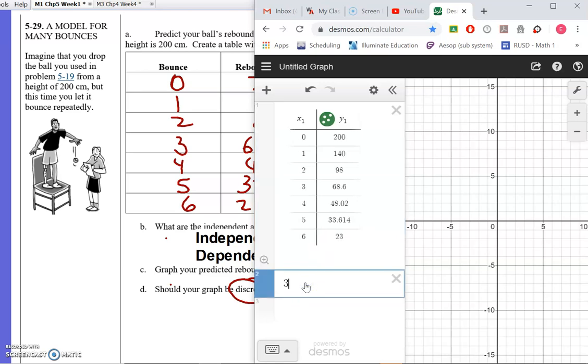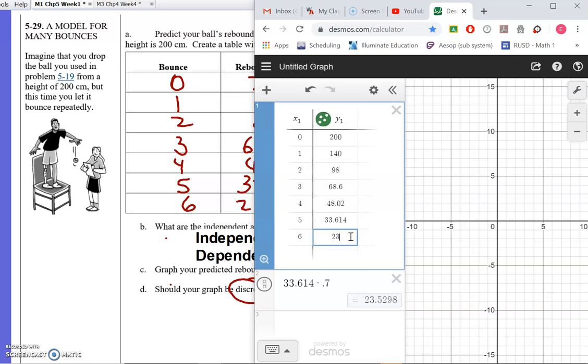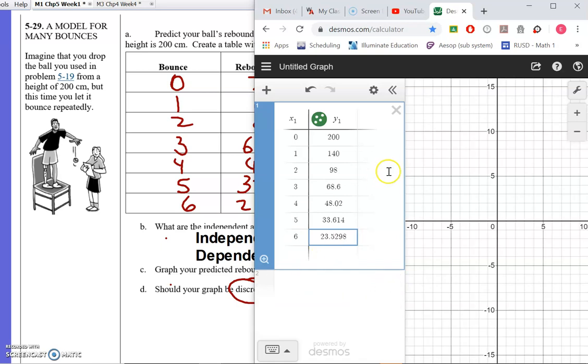I don't remember. .5298. Okay. So anyway, those are my numbers.